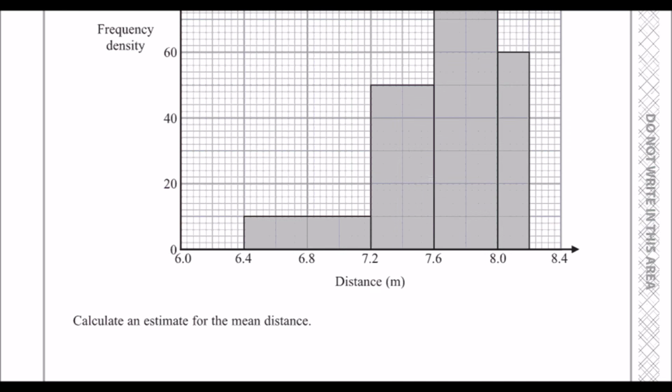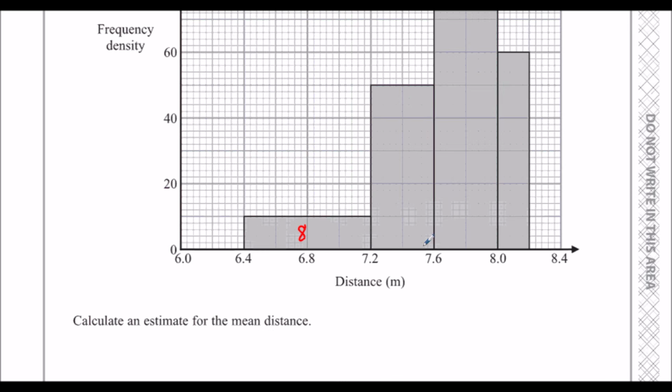But this time we haven't been given a table, so we need to work out the frequencies ourselves. And we can do that by working out the area of the bar. So for the first bar, the base is 6.4 to 7.2. That's 0.8. And 0.8 times 10 is 8.